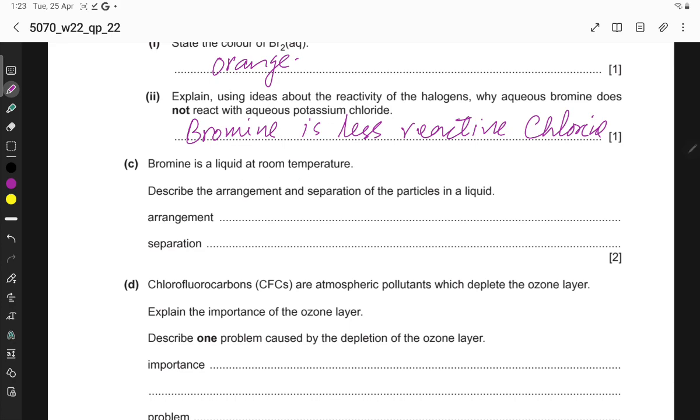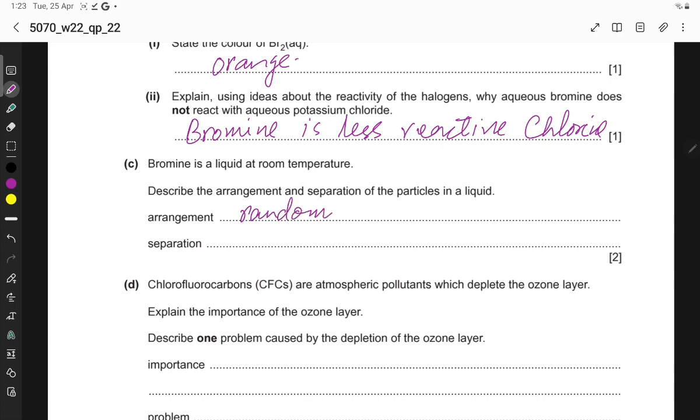Bromine is liquid at room temperature. Describe the arrangement and separation of the particles in a liquid. Arrangement is random arrangement.